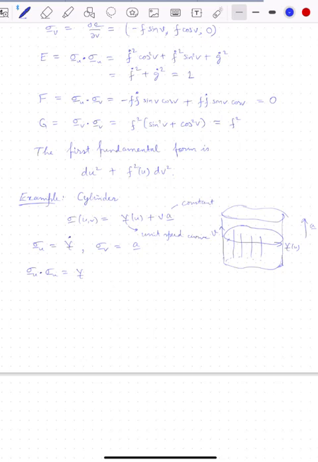So gamma dot gamma is equal to gamma dot norm squared, and this, as we recall, is just 1 squared, since gamma is unit speed. And then sigma u, this is E, and F is equal to sigma u dot sigma v.